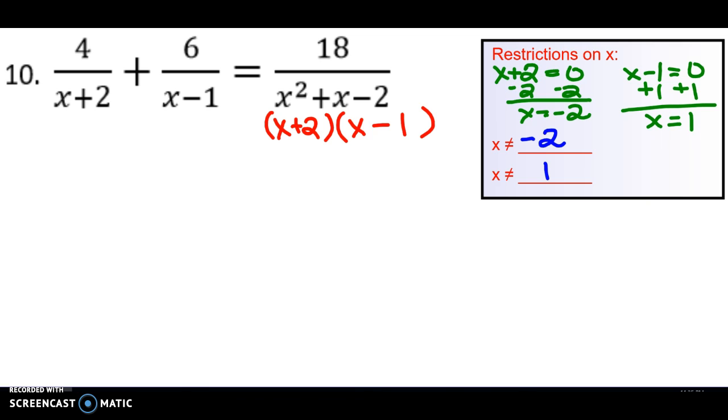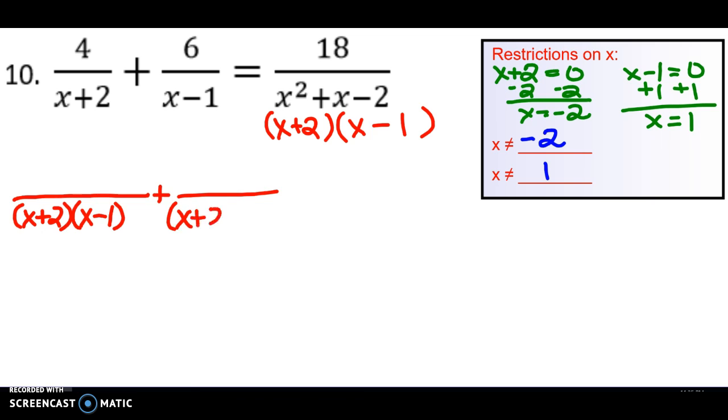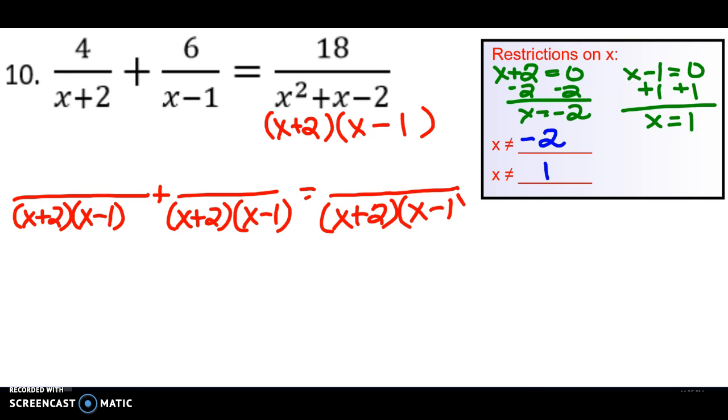All right, now we need to get a common denominator. Well, we see that our common denominator is going to be x plus 2, x minus 1. And the great thing about that third fraction is it already has the common denominator. So we don't have to do anything to that numerator.